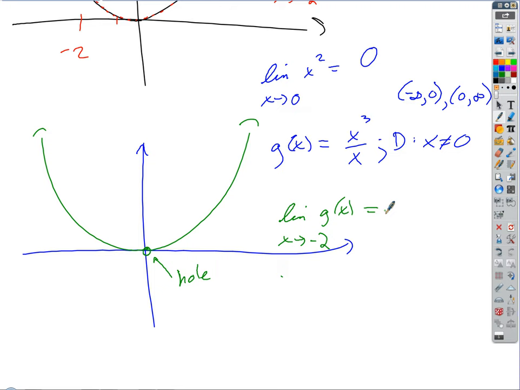As the ant walks along the function towards an x value of negative 2, the ant anticipates stepping right there, right? Agreed? So the answer is 4. What's the limit of g of x as x approaches 0?